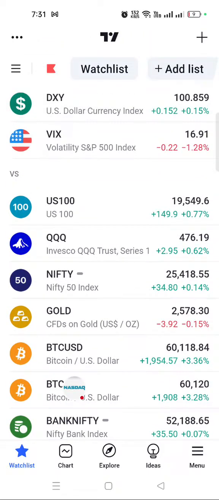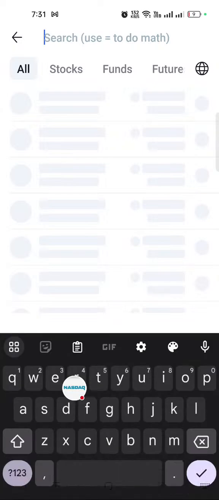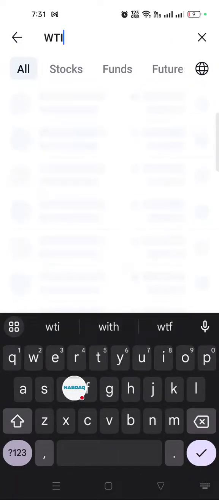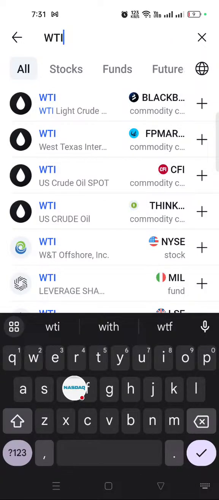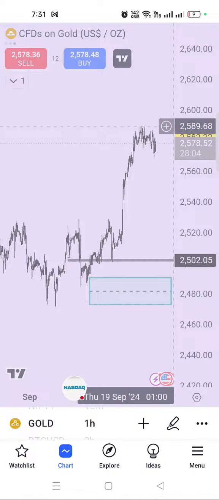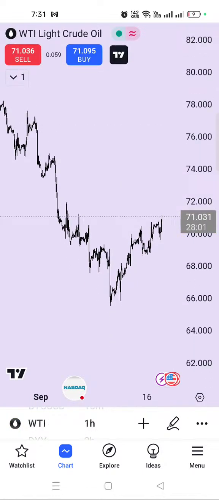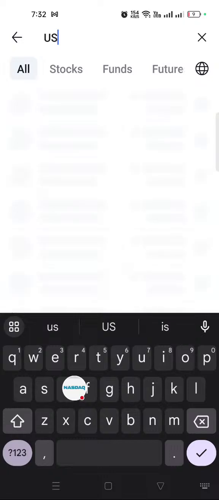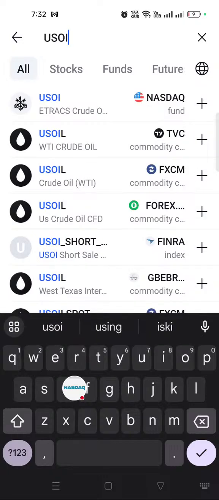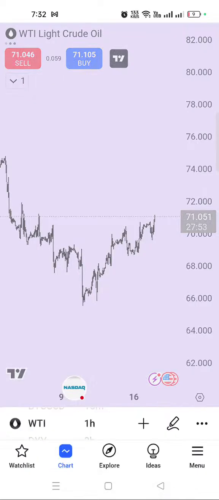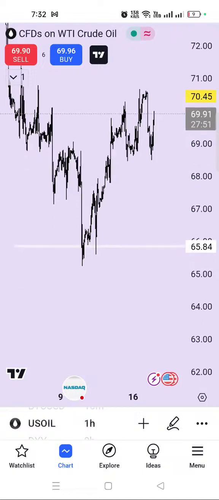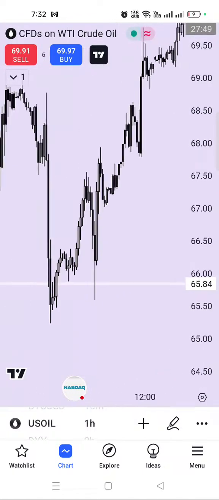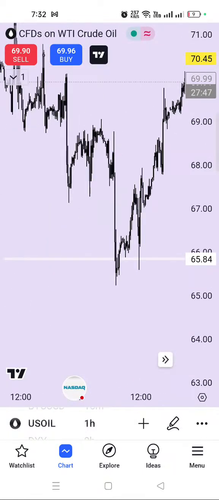Does anyone remember crude oil? WTI. All of these things, I don't know if you have taken the trade on these or not, but WTI, US oil. You remember this white line? Does anyone remember this white line?